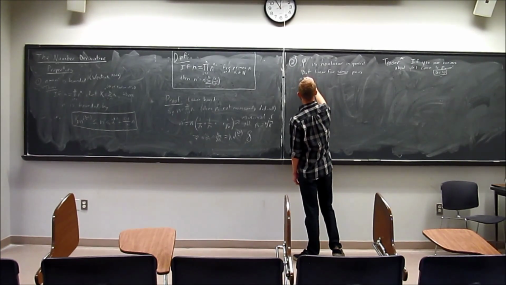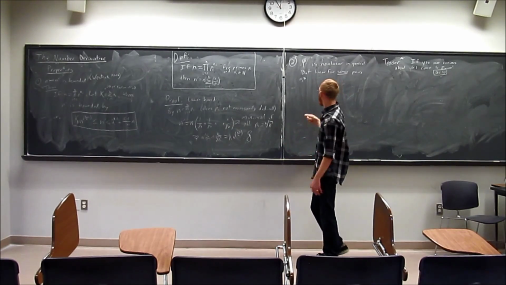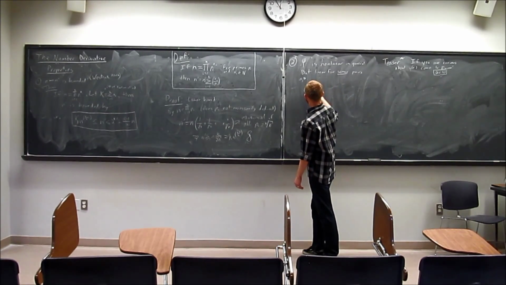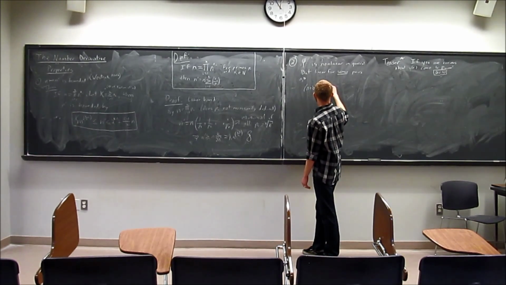So what does this mean? So if we take some particular pair a, b, we can get the fact that (a plus b) prime equals a prime plus b prime.